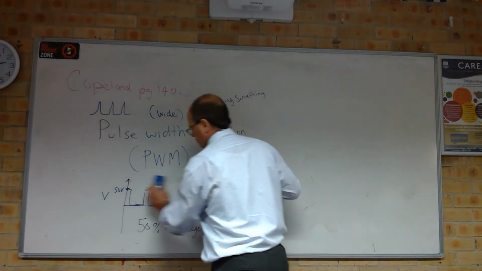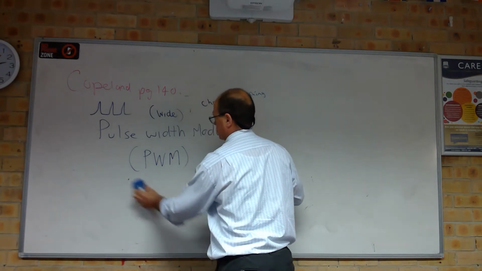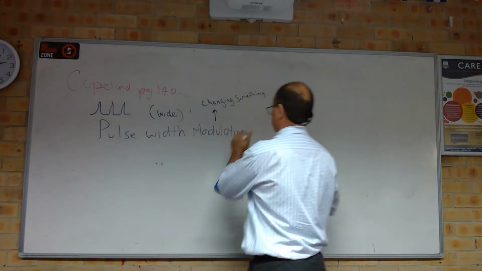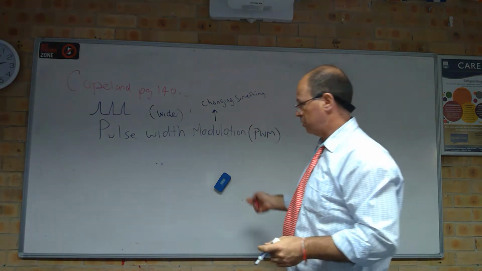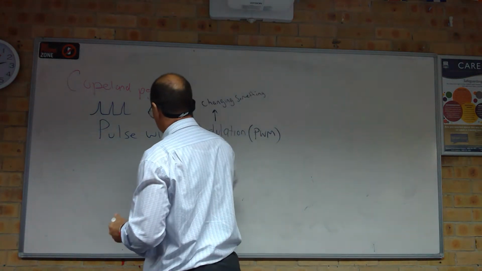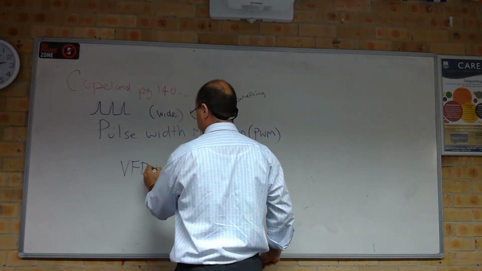Now, when we're looking at an AC motor, it's a little bit more complex than that. Okay, so now you'll often see a term when you're looking this up on the internet called VFD.